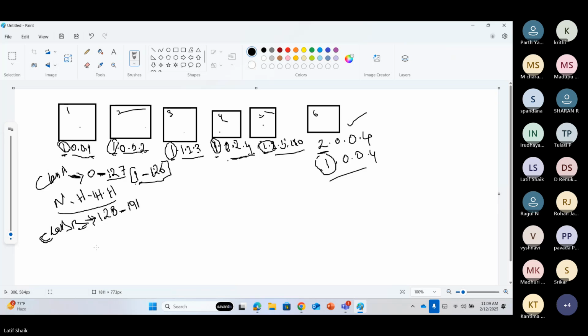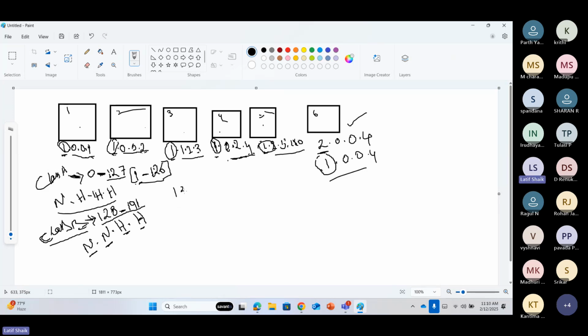Class B IP addresses follow this rule: the first two portions are network portions, and the remaining two portions are host portions. This is network, network, host, host. So class B means the first octet must be in this range only.